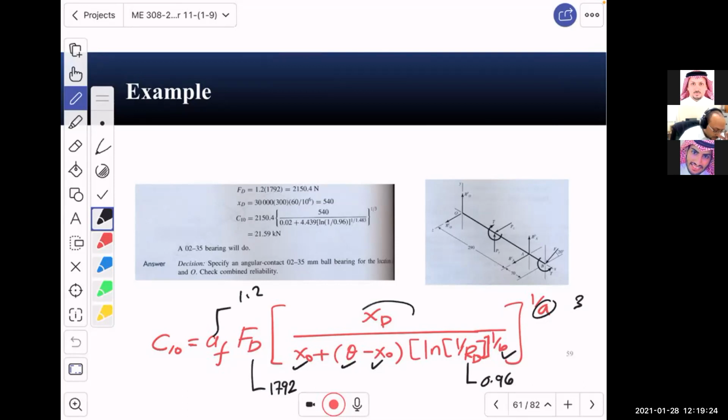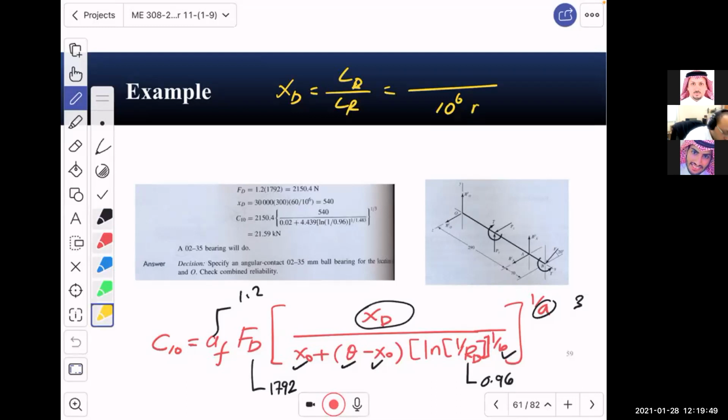And then we have XD. What is XD? XD, ya shabab, if you recall, is equal to L desired divided by L rating, the rated value of the catalog. Now, we know that the rated value of the catalog is 10 to the power 6, 1 million revolutions.